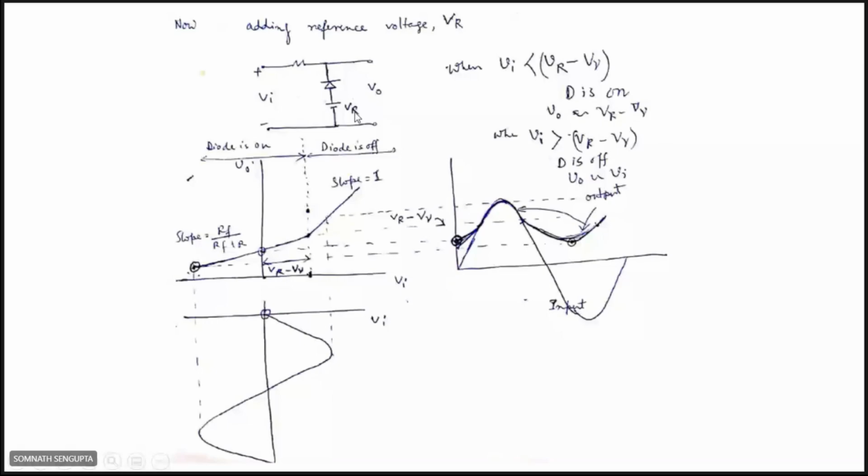Sir, if VR is greater than VI, and considering the cut-in voltage. Sorry, sir, VR should be greater than VI plus I into R.